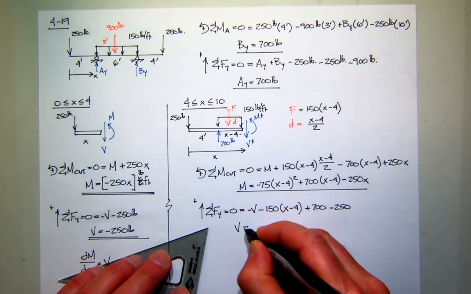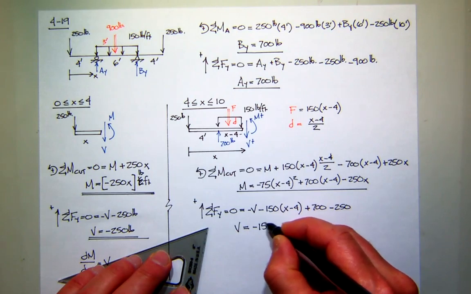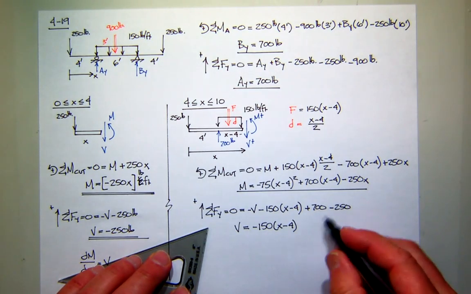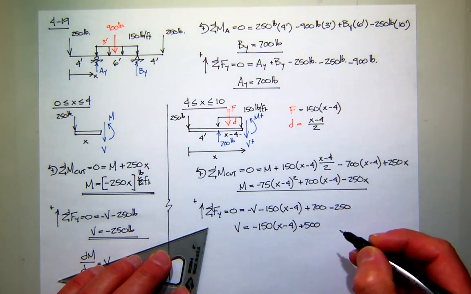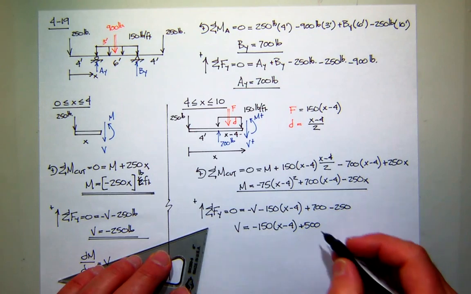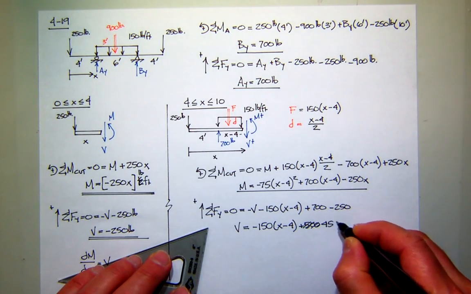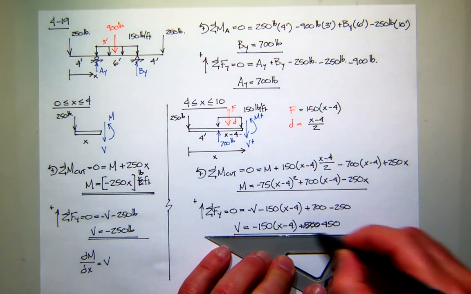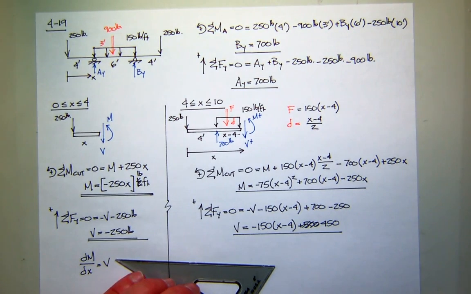So it looks like the shear is going to be equal to minus 150 (x minus 4), and that turns into plus 500. Nope, 450. And of course, if you had time, you could go ahead and simplify that, because there's another negative 600 there to add to the 450.